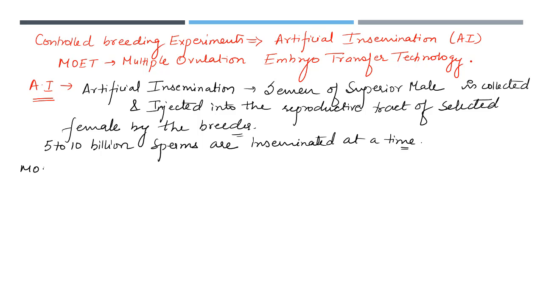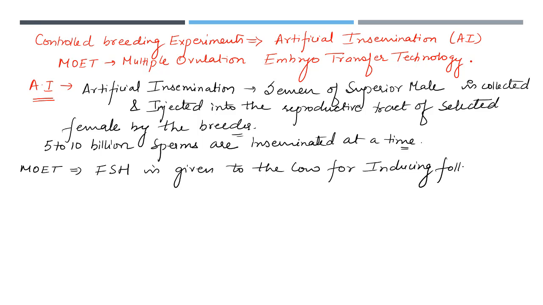Then multiple ovulation embryo transfer. In this method, hormones like follicle stimulating hormone are given to the cow for inducing follicular maturation and superovulation.